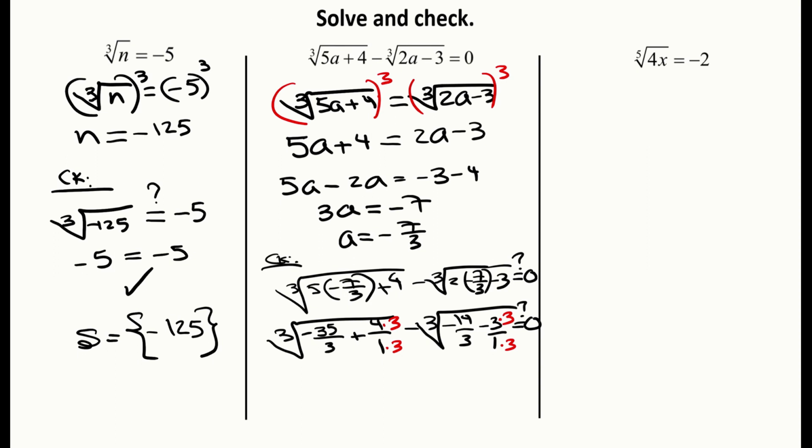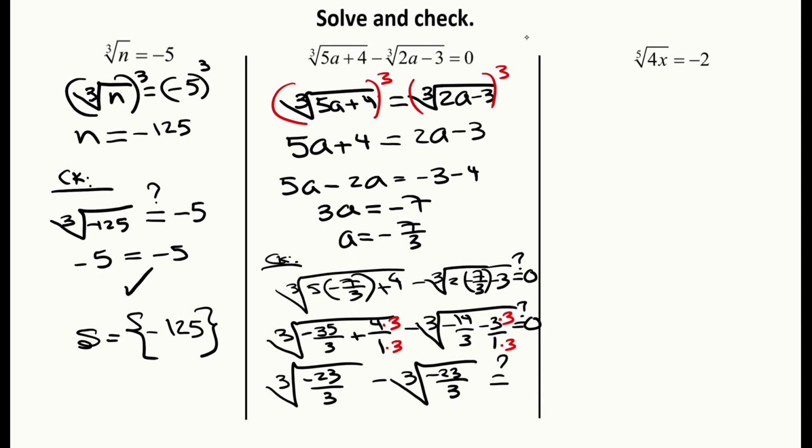So for the first radical here, we get the cube root of negative 35 plus 12, so negative 23 over 3, minus the cube root of, here we have negative 14 minus 9, which is also negative 23 over 3.